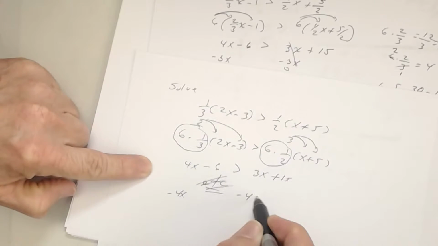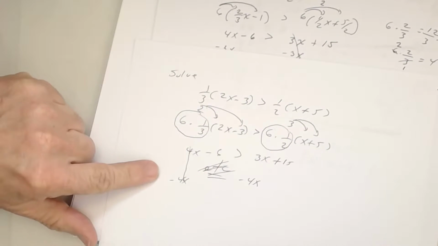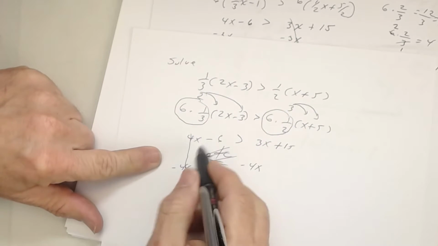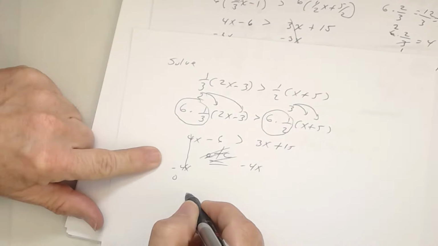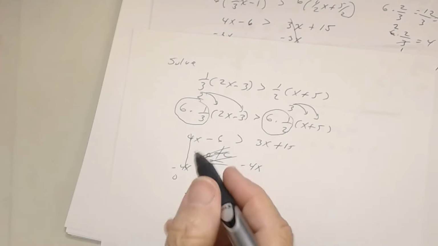Is that correct? 4x subtract 4x is 0. And what's 0 subtract 6? Negative 6 is greater than. Now be careful when you do that though. What's 3x minus 4x? Negative 1x, or just negative x. I'm going to write it as negative 1x for right now, and then plus 15. All right, so that's where I'm at.